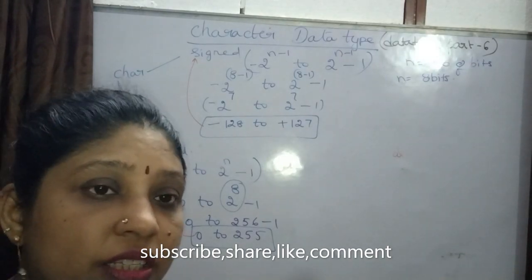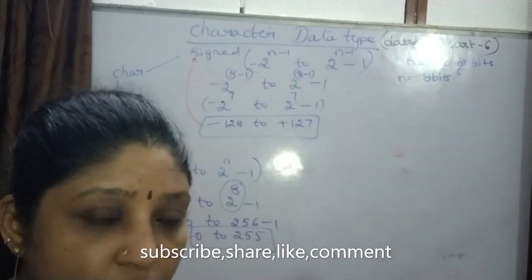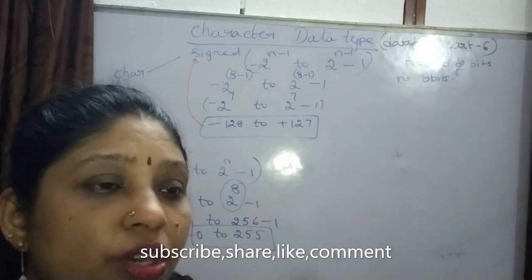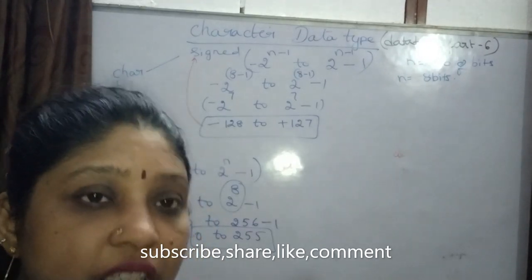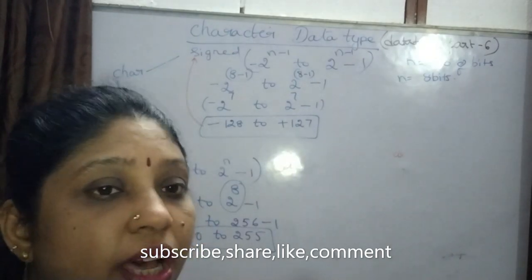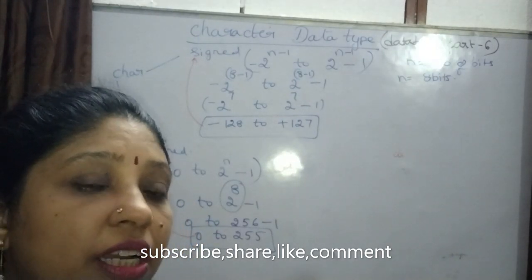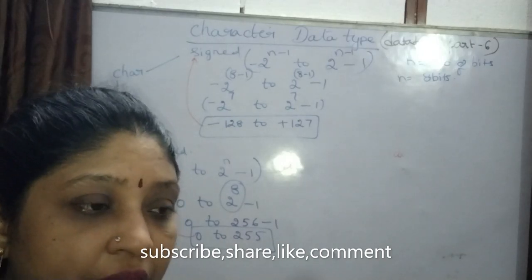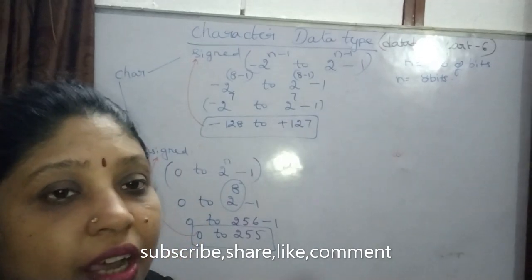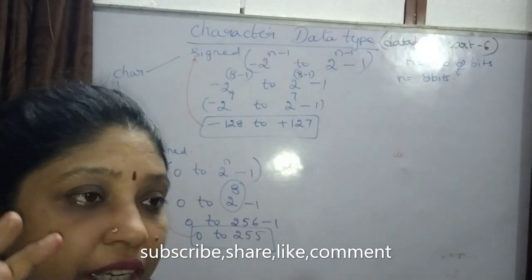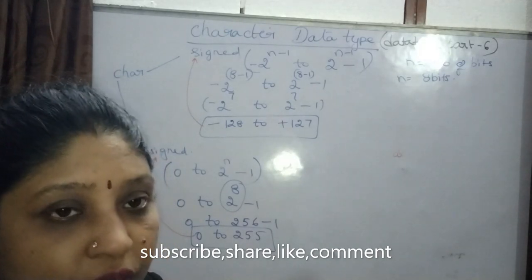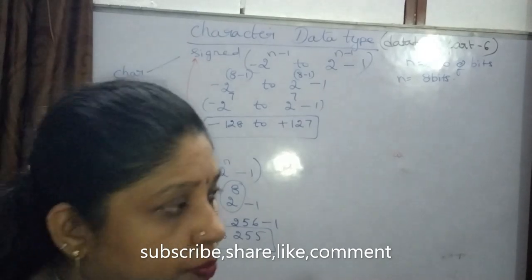That means it understands numbers only. Not even 2, 3, 4, 5, 6, it understands only zeros and ones. So if you type A, B, C, it has its own meaning, its own value. For each compiler, it has its own. Suppose if you type A, it has some code that will be in the number system only. Understood? So that's why, for better understanding by the computer, they have taken this in the number system only. Now I am going to explain that.